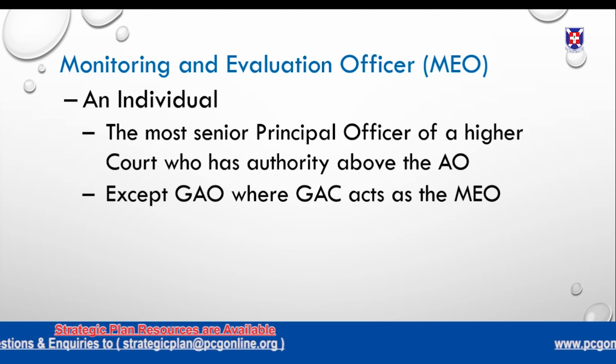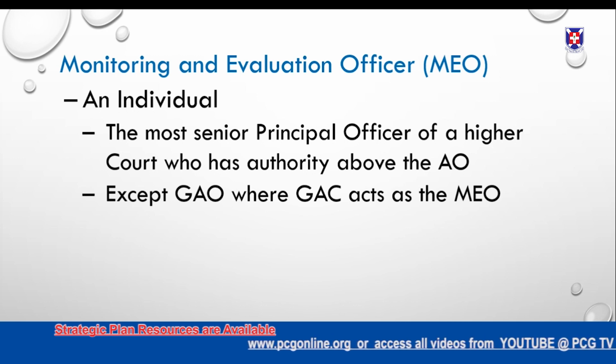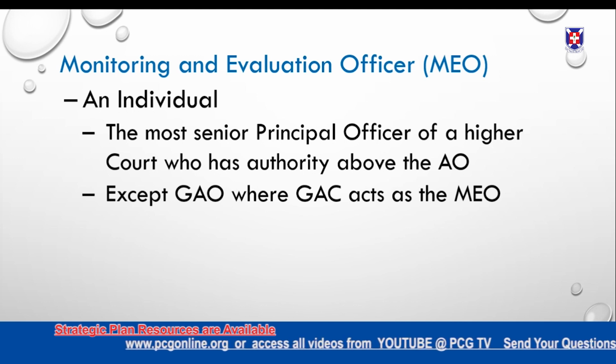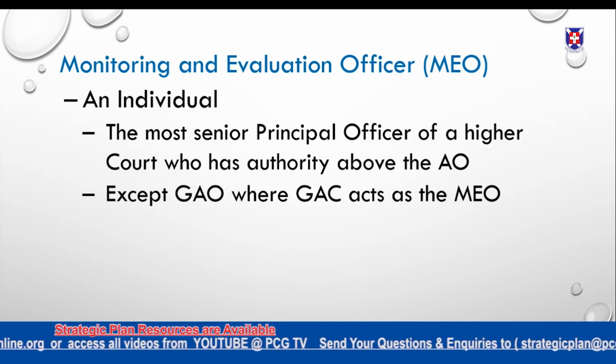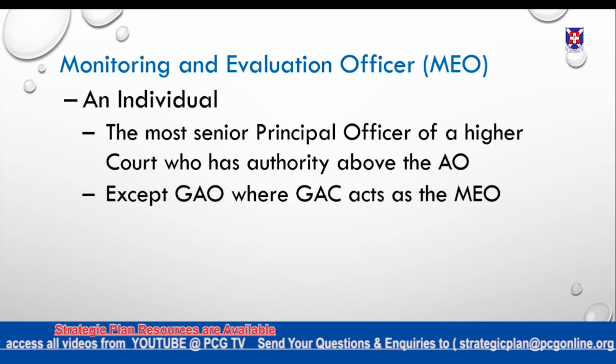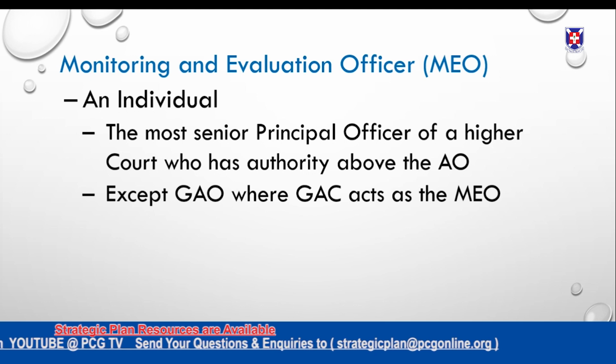Then we have somebody who acts as the monitoring and evaluation officer. He is also an individual. And in this case, he is the most senior principal officer of a higher court who has authority above the AO. So the monitoring and evaluation officer for the congregation agent in charge is the district minister, because the district is a court above the congregation, and the district minister is the most senior principal officer in that court.